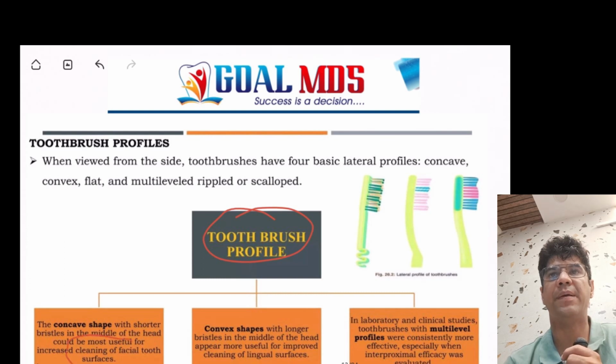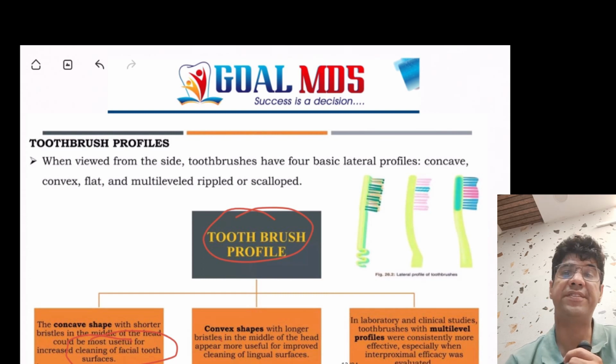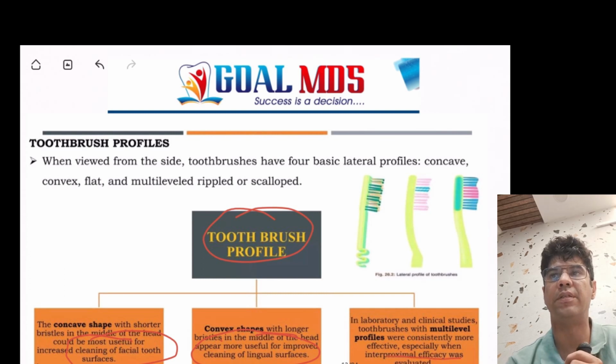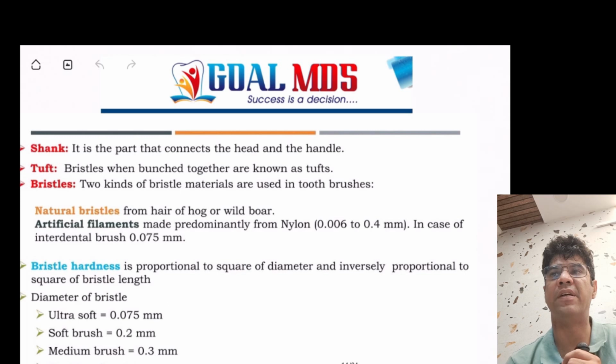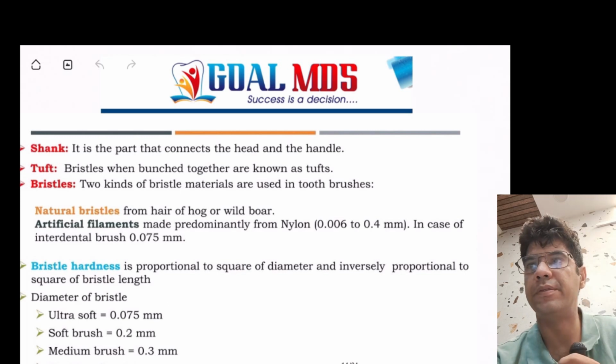The concave shape, with shorter bristles in the middle of the head, is mainly used to clean the facial tooth surface, whereas the convex shape, with longer bristles in the middle of the head, appears to be useful for cleaning the lingual surfaces. And the multi-level profiles are used when interproximal efficacy is evaluated.